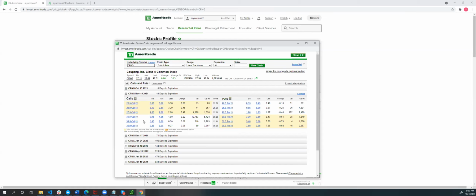If there is little or no time value left in the option, and the probability of reaching the strike price is low, then the option value goes down.